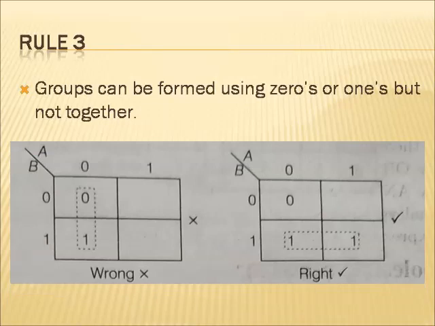Okay, next one is rule number 3, that is groups can be formed using zeros or ones but not together, right? So in this rule you can see that when it is the SOP expression we use 1 to mark the cells, and when it is a POS expression we use 0 to represent the cells, right?